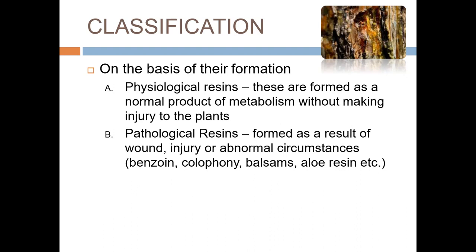And pathological resins are those which are formed as a result of wound injury or abnormal circumstances, like benzoin, colophony, balsams, and aloe resins, etc. So these are the different plants, and with these constituents they are formed there.